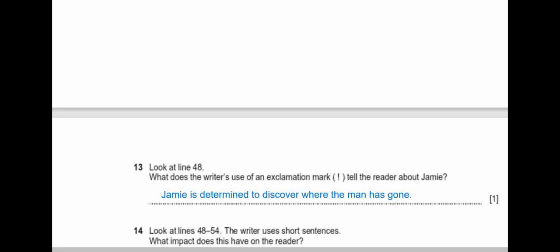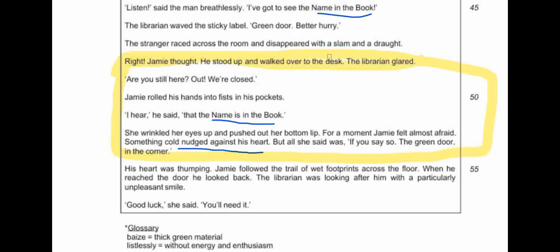Next, question 14. Look at lines 48 till 54. The writer uses short sentences. What impact does this have on the reader? Let's check lines 48 till 54 using short sentences. This is a one word sentence. Right. Librarian grabbed. Out. We are closed.